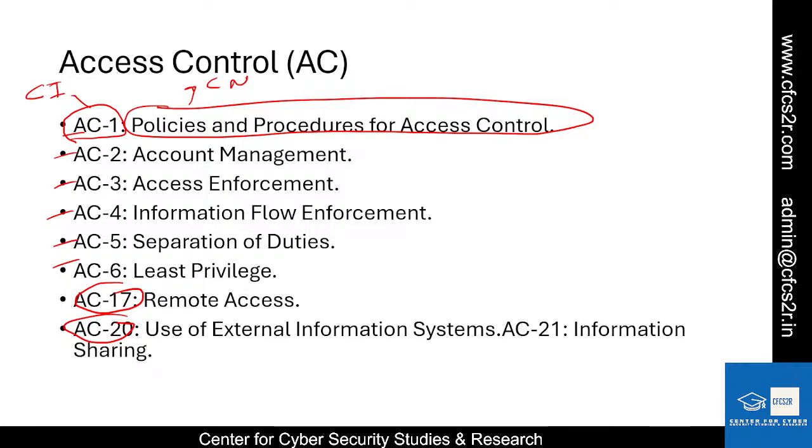In the very first, we have certain policies and procedures for access control. In the very first control for the policy and procedure, you are basically enshrining what policies you need to take care of, and what different levels of acquisitions for the security mechanism you are going to take care of. Secondly, we have the account management.